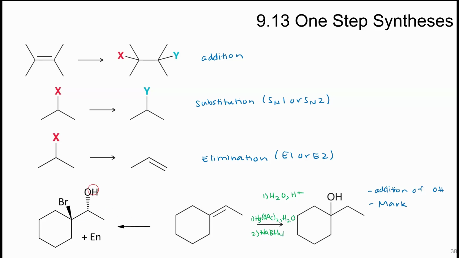In this reaction here, you actually don't have any tools to get this exact regioselectivity, so we can't do this one. If you were thinking of doing the halohydrin, that would give you the wrong regioselectivity. The alcohol goes to the more substituted, so we can't do this one.